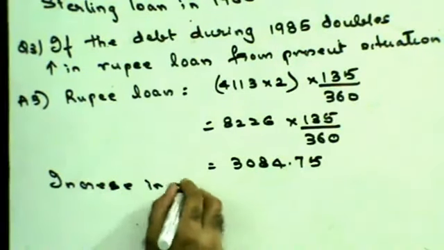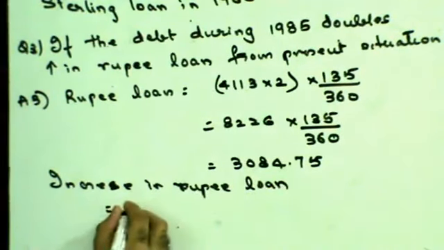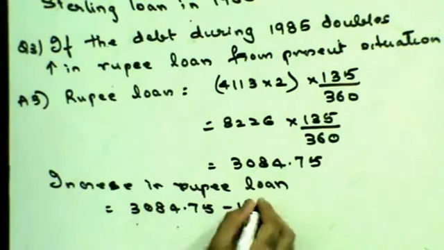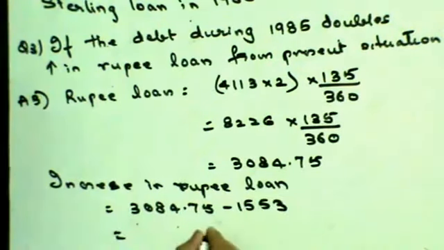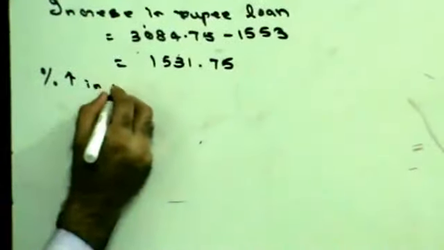So how much is the increase in rupee loan? The increase in rupee loan is going to be 3084.75 minus 1553.75. This is going to be 1531.75. So how much is the percentage increase in rupee loan?